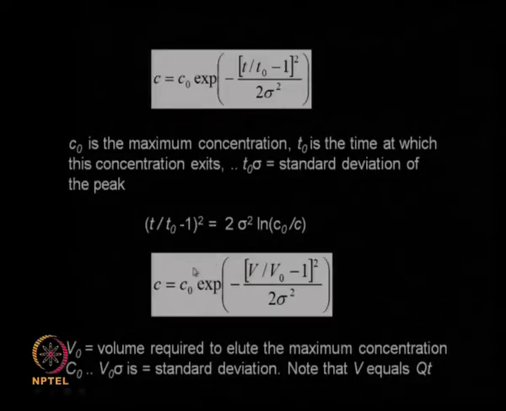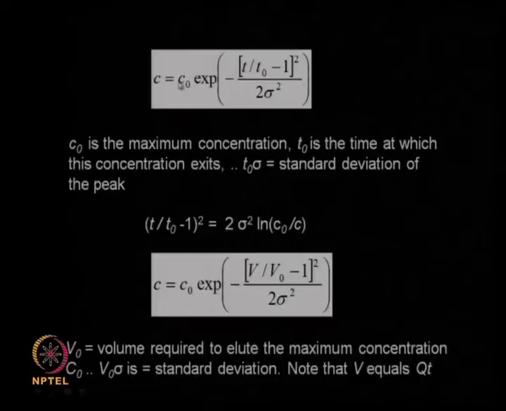C naught is the maximum concentration because it is a Gaussian distribution, and t naught is the time at which this concentration happens, agreed, and t naught into sigma is the standard deviation of the peak. This is a typical equation for a normal distribution.